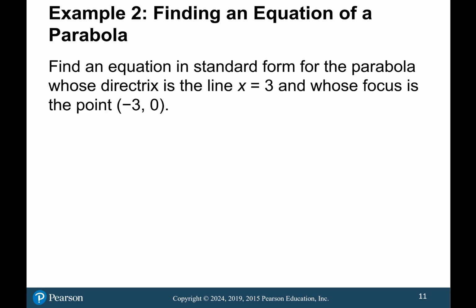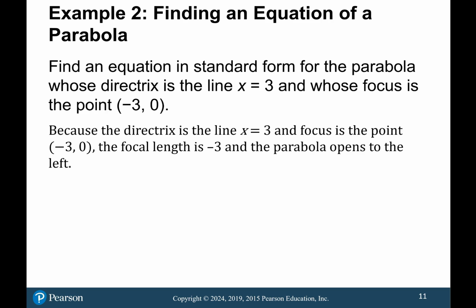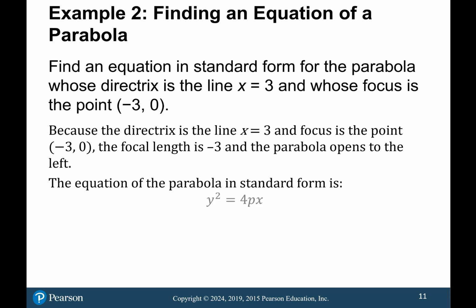And if we're told in this case that x equals 3 is the directrix, and (-3, 0) is where the focus is, that means this one opens to the left. And again, our value for p, the focal length, is -3. We'll substitute -3 in place of p, multiply that by 4. That's it. There's our equation.